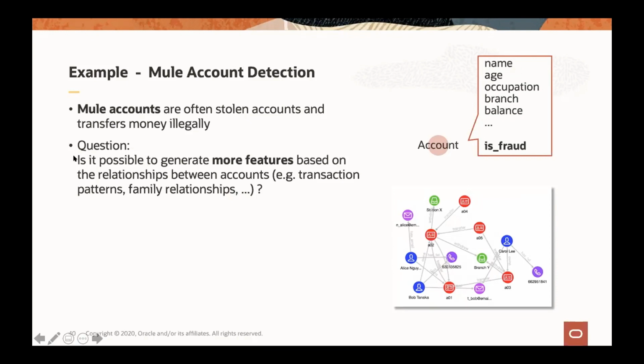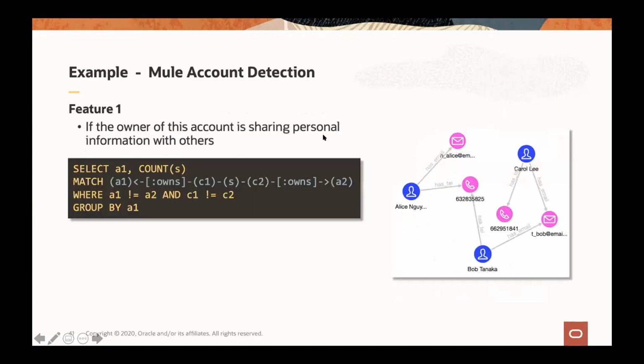And the question is, is it possible to generate more features based on the relationship information between accounts, such as transaction information and family relationships, etc. Because the original information of the bank account itself is just the name of the owner, branch, and balance. They are not sufficient for making a good prediction model. So we would like to add more generated features using graph queries and algorithms.